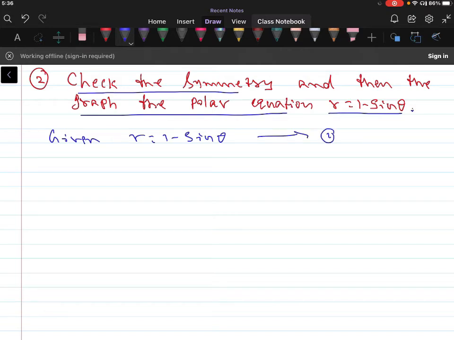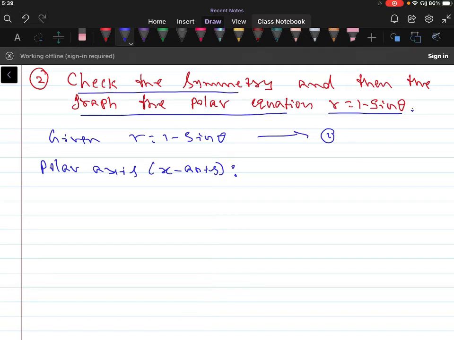We'll verify the symmetry of this curve, whether the given equation is symmetric about the polar axis, or the x-axis, or about the origin. Let us see about the polar axis first. Suppose the polar curve is symmetric about the polar axis or x-axis. If we replace theta by minus theta and there are no changes in equation 1, then we can say that the curve is symmetric about the polar axis.